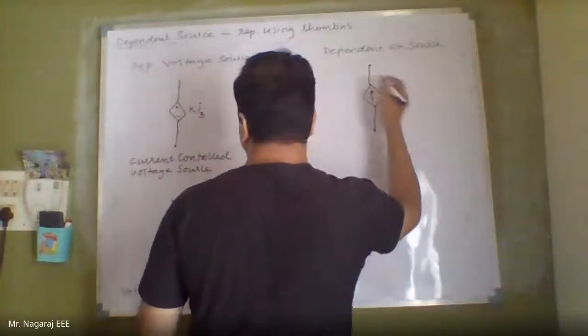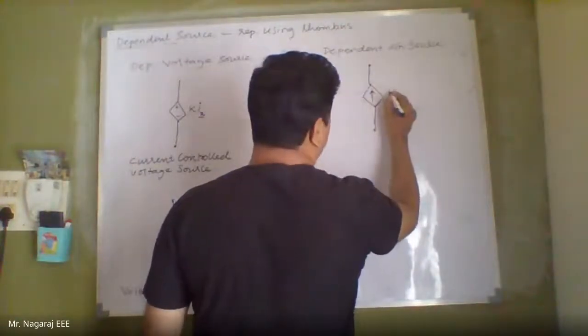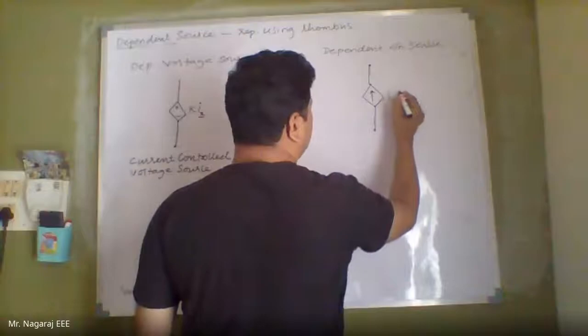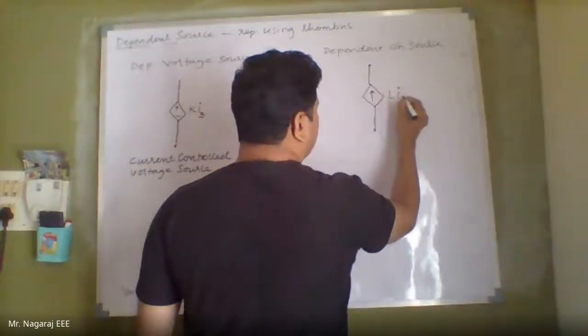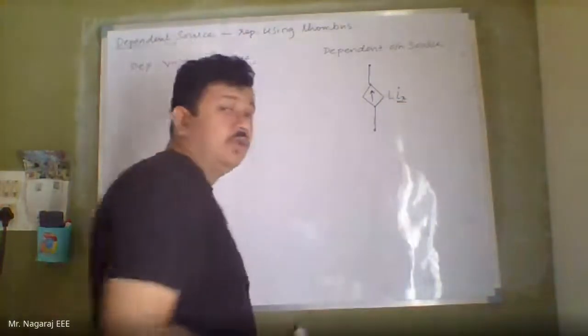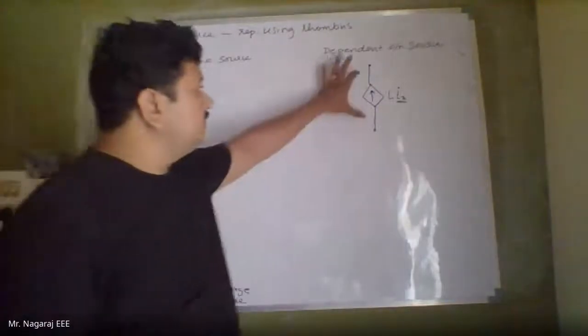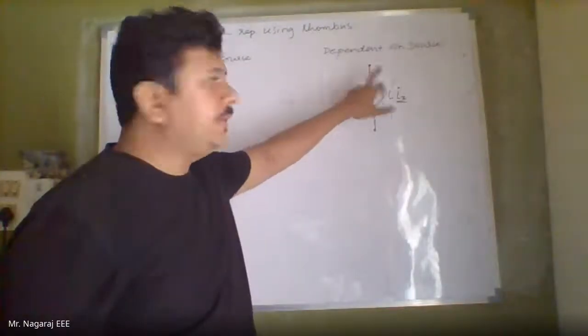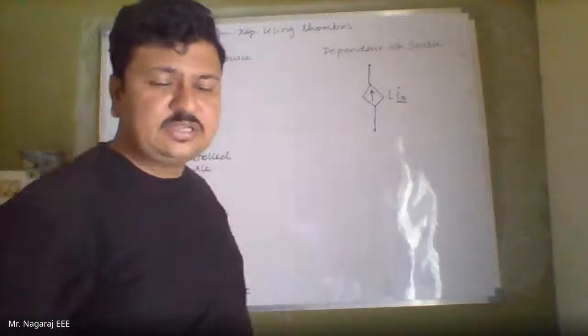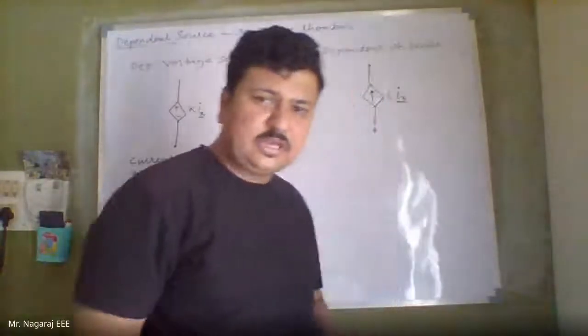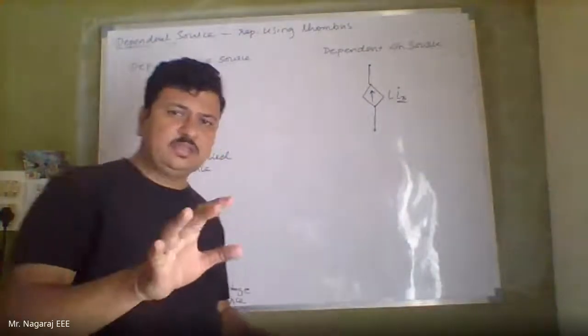Okay. Now let this be some value L into Ix. Now again, the value of this current source depends upon the current Ix. Now what is Ix? Ix is the current through some element in the same circuit.